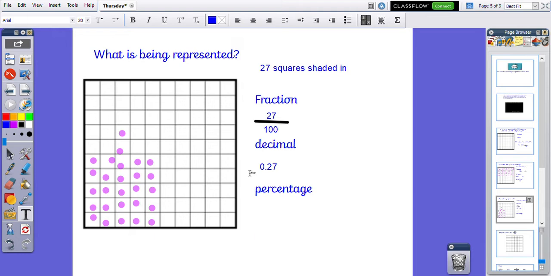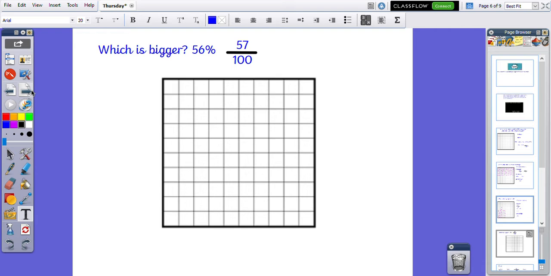If we had the columns, we would have 2 completely filled in and then 7 left over, so that's where our 2 and our 7 come from. And then as a percentage, we know percent means per 100. So I've got 27 per 100, so 27%. Just like that. Okay, well done if you got those right.